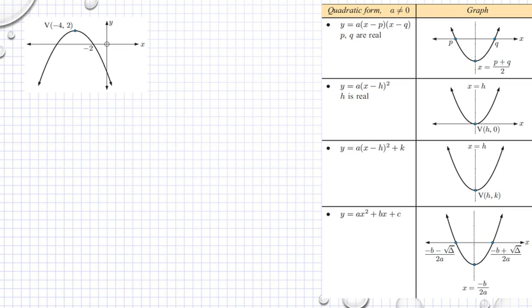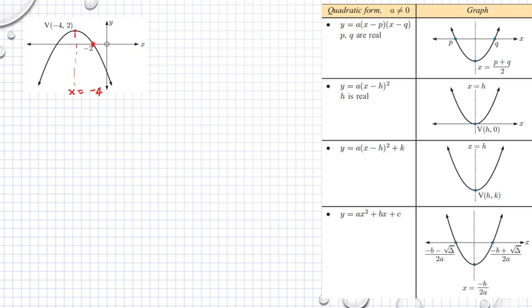Another example, it's almost the same as what we have, but this time we have a vertex and we have one of those. Okay, that one. Maybe you can try this. We have a line of symmetry, which is x is equal to -4.